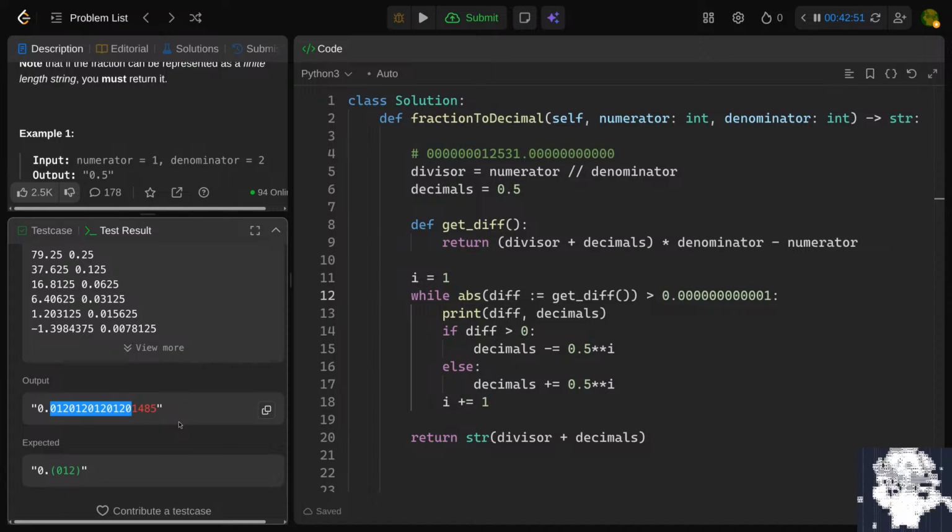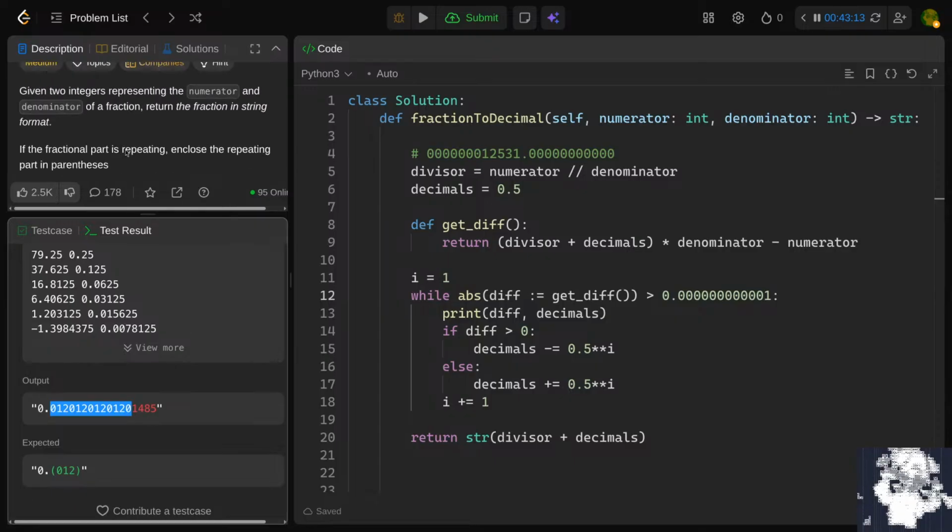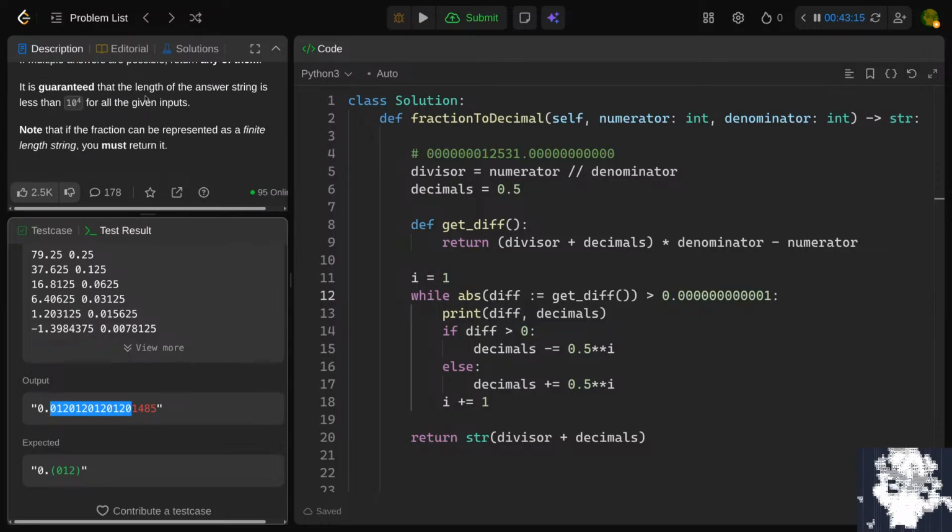This may not be possible. But I think, we saw an example where that wouldn't have worked, but that was also an example that they promised not to give us because they said the length of the answer string is less than 10 to the 4.